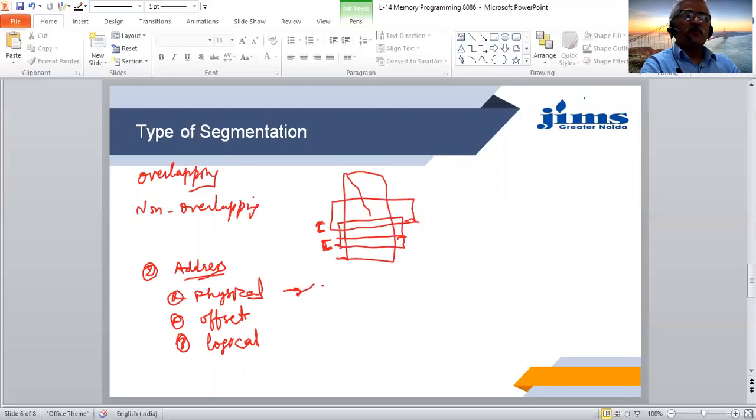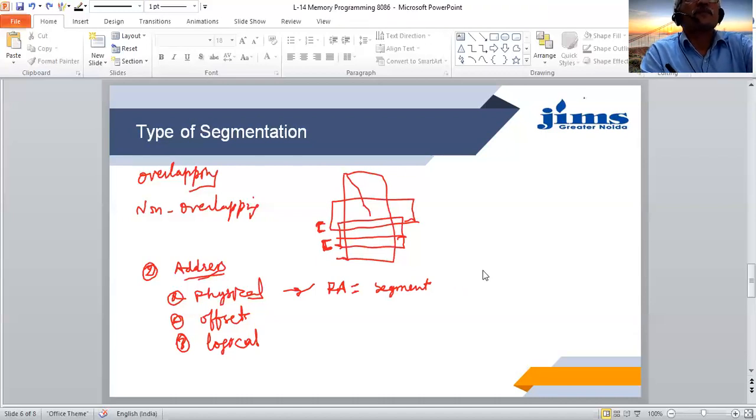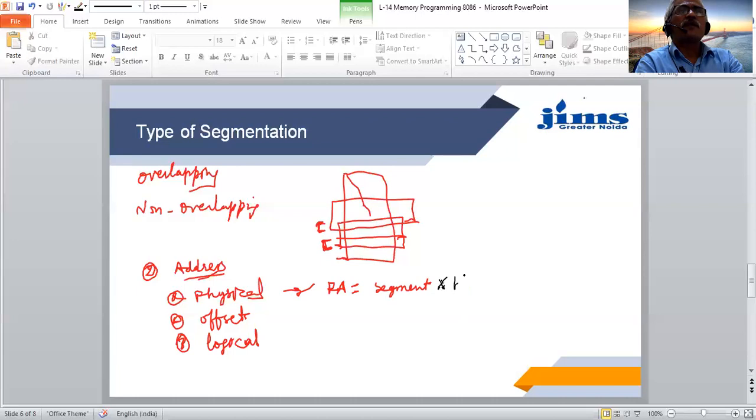The physical address, that is PA, is generated by the base value of the segment register multiplied by 16. 16 in decimal is equal to 10 in hexadecimal.